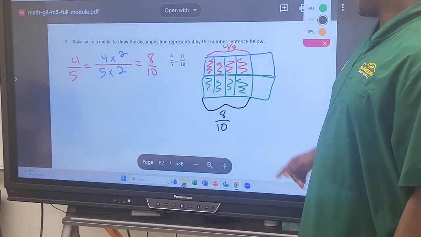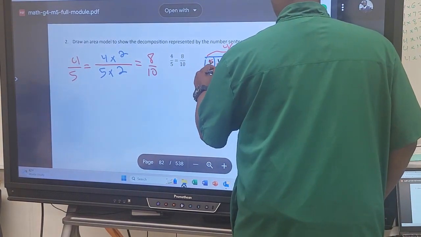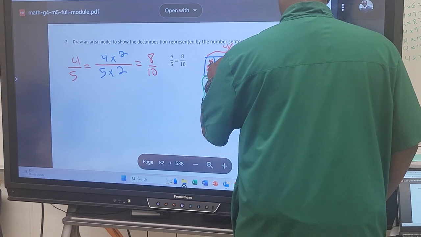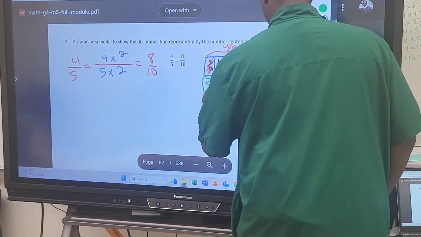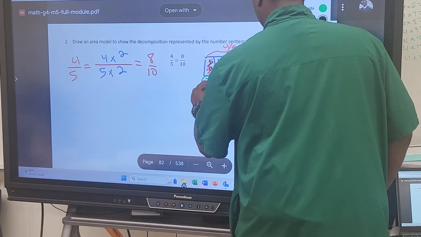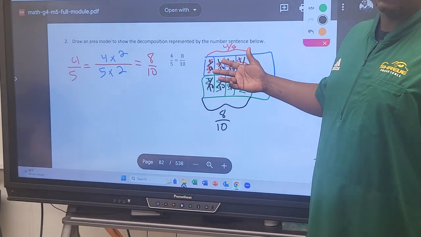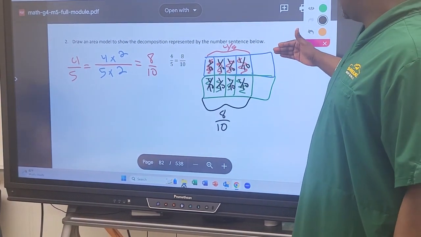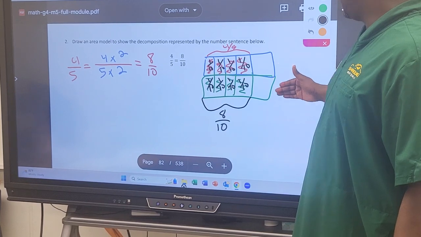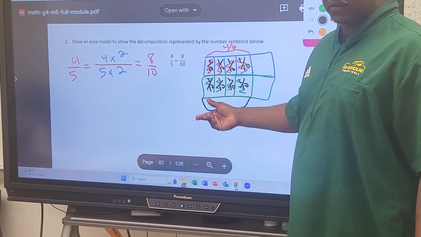Each individual box represents 1/10. Now we can group this any way we want to group it. For our addition sentences, we can group that as 4/10 and 4/10. We can group it as 2/10 plus 2/10 plus 2/10 plus 2/10.